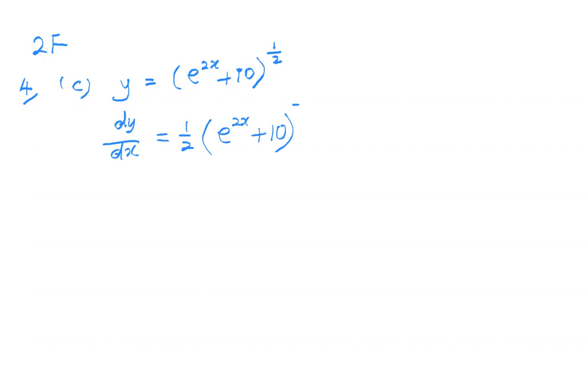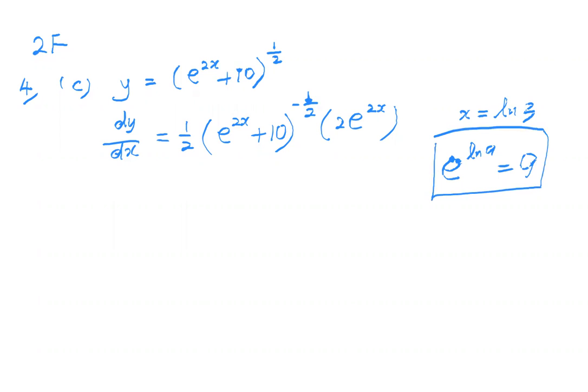Negative half, correct? Then 2e to the power of 2x, agree? Okay, good. x equals ln 2. Do you know when I see this and I see e, ln 3, okay, doesn't matter. When I see ln, e power something, straight away I remember this. That's why you don't know how to simplify.